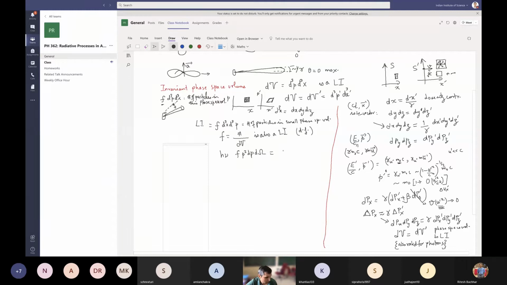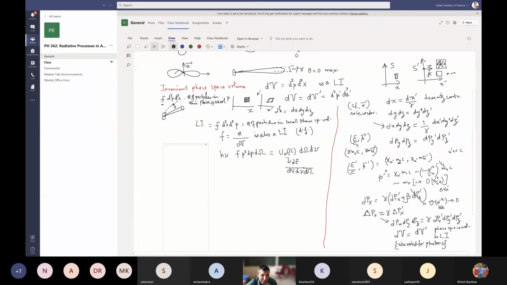This is equal to u nu omega d omega d nu, which is the energy per unit volume per unit frequency per unit solid angle.